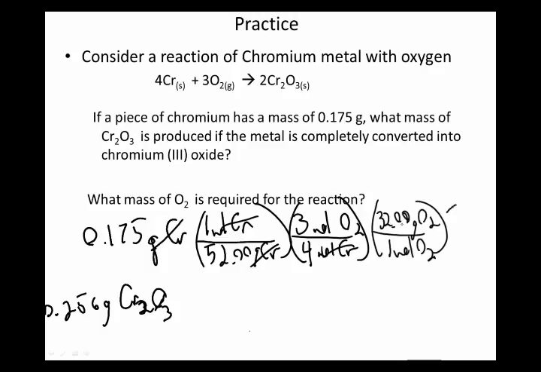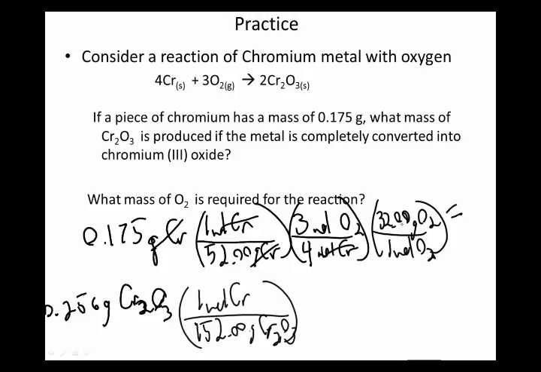Now I'm going to do the same thing down here with chromium 3 oxide. It's 152 grams of chromium 3 oxide to 1 mole of chromium 3 oxide. So in the bottom, I'm going to put moles of chromium 3 oxide, moles of O2.